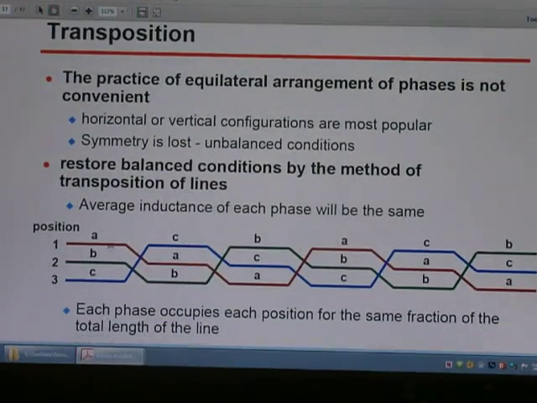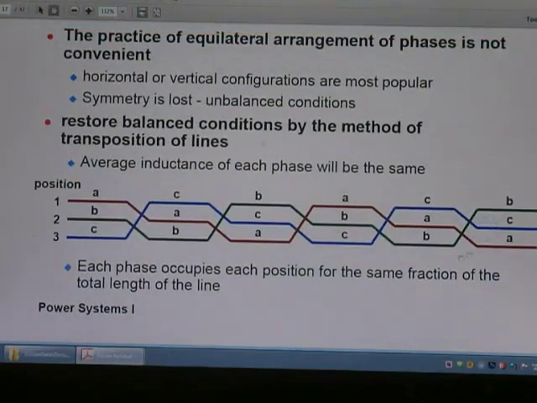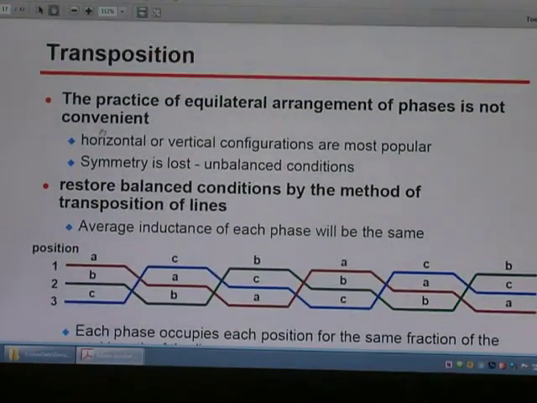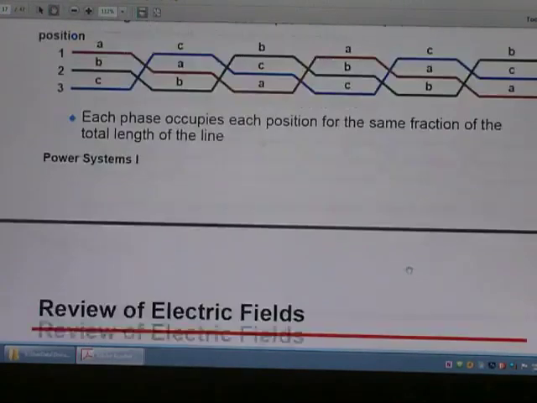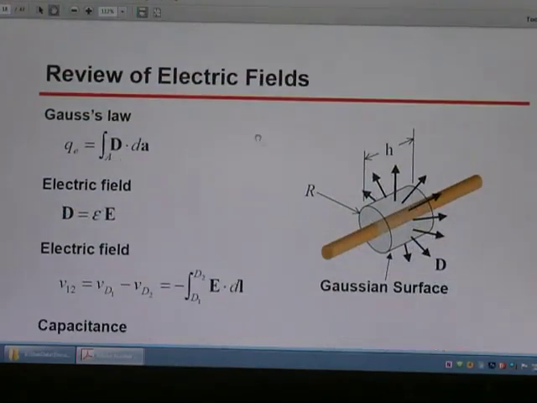This means that at every position we change the line position, so that the inductance and capacitance of the lines will be equalized.